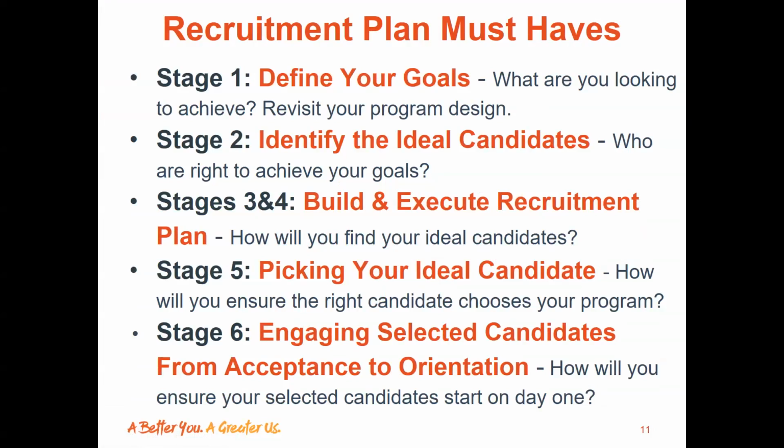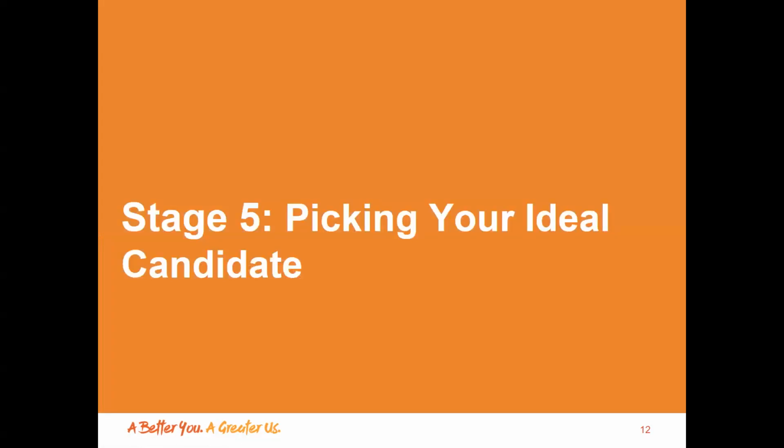We went through stages 1 through 4 in that initial webinar. The main focus we're going to be talking about today is picking your ideal candidate and some things that can come across with that.